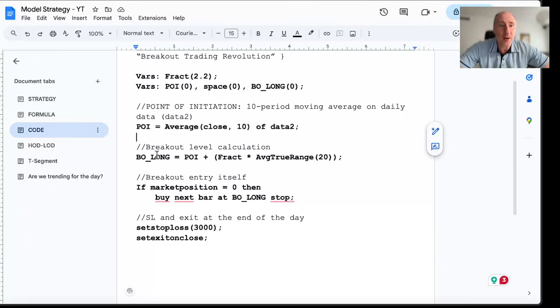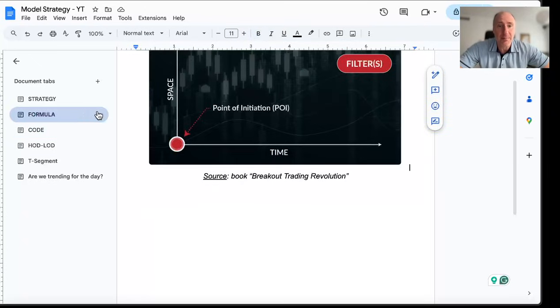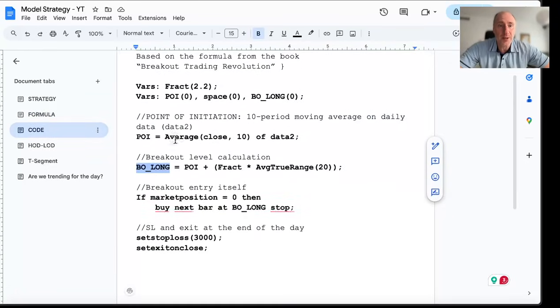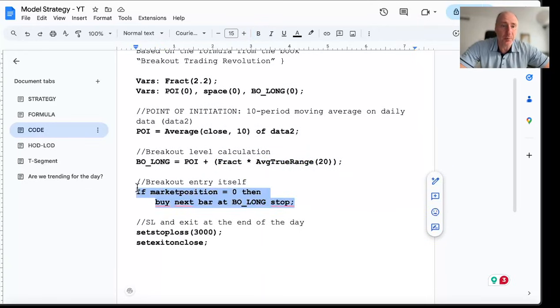And basically we calculate the breakout level where we enter the long position, again based on the breakout formula from the Breakout Trading Revolution book. We just take that point of initiation and we add a 2.2 multiplier as a fraction of average true range period 20. That's where we place the stop order. Once we're filled, we're in the position, and this is a day trading strategy.